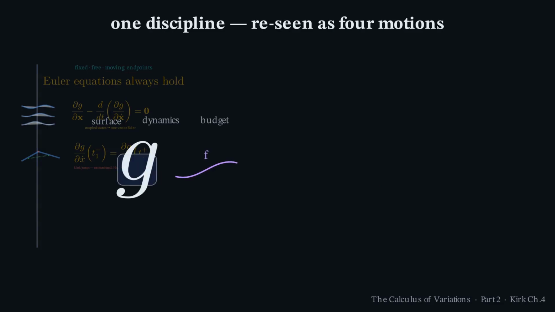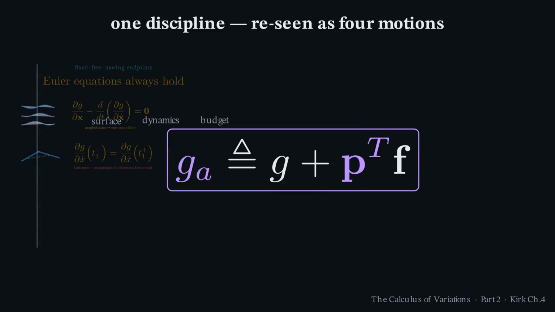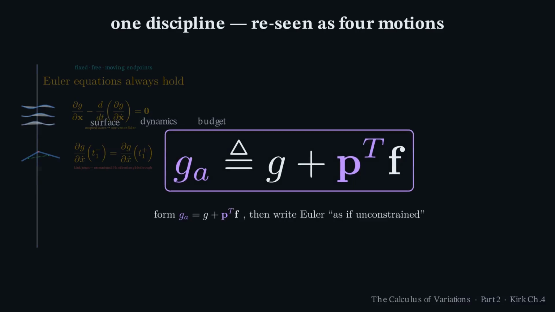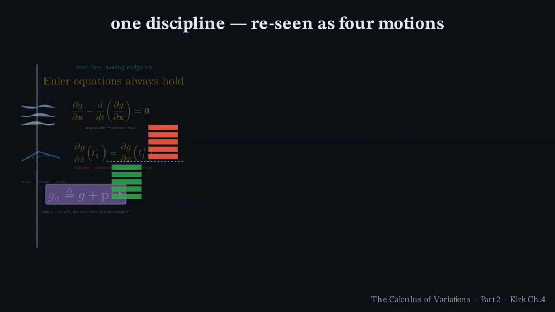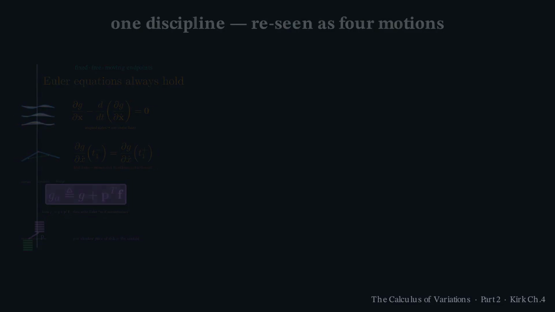And when the path is constrained by a surface, by dynamics, by a budget, you do exactly one thing. Form the augmented integrand GA equals G plus P transpose F and write the Euler equation as if nothing were constrained. The multiplier P that appears is the shadow price, the costate. That single discipline is the whole calculus of variations.